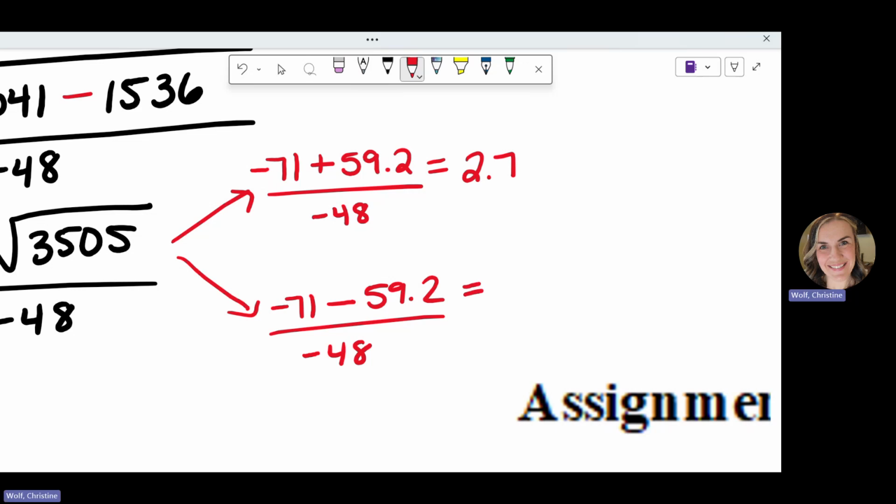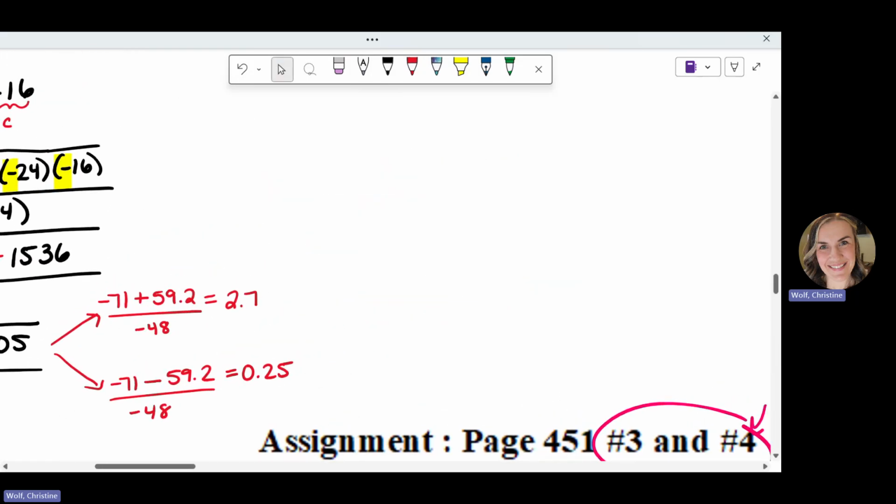And then when you do this one, sorry, I had a brain fart, 0.25. Okay, so those are our x values. So again, we see that we have 2 x values. That means we're crossing at 2 locations, but we've only done half the battle. Now we have to plug in to find our other half, the y values.